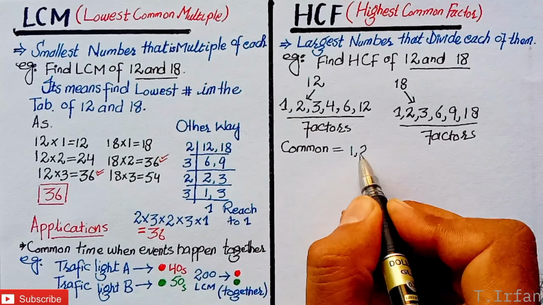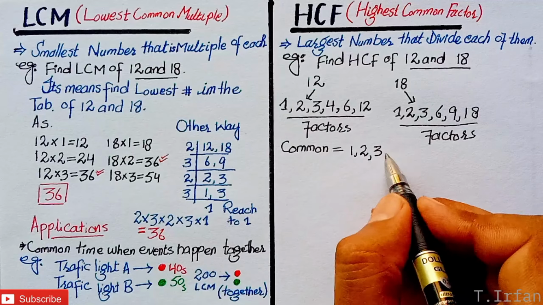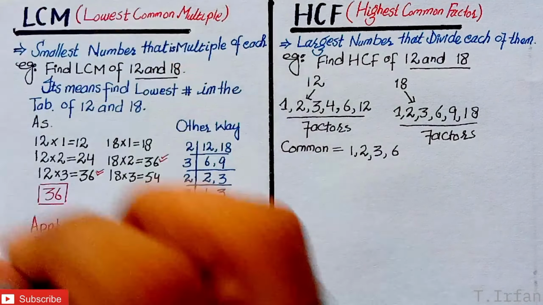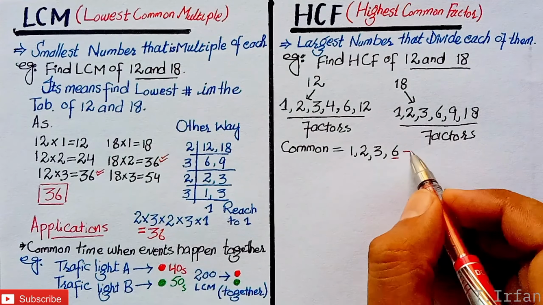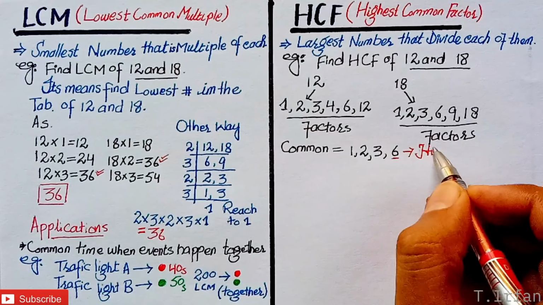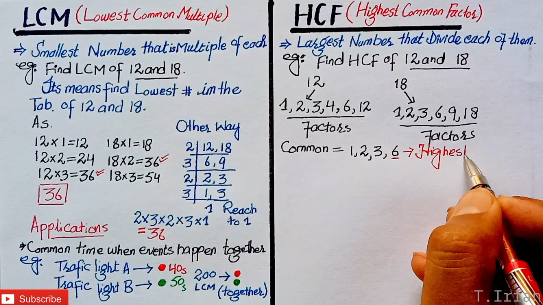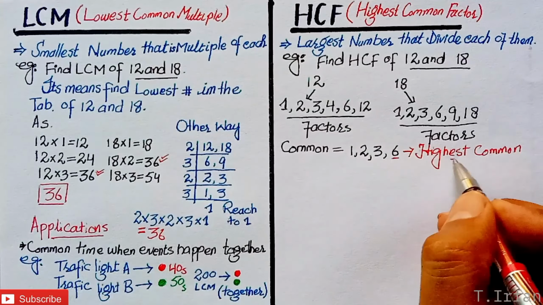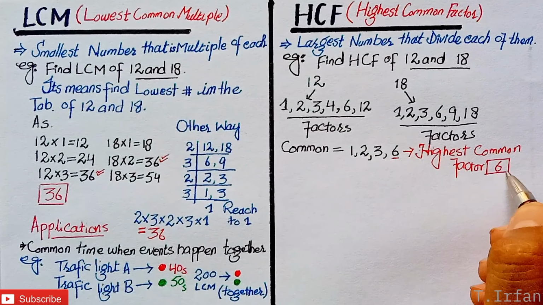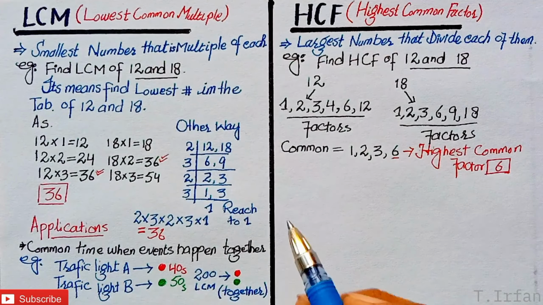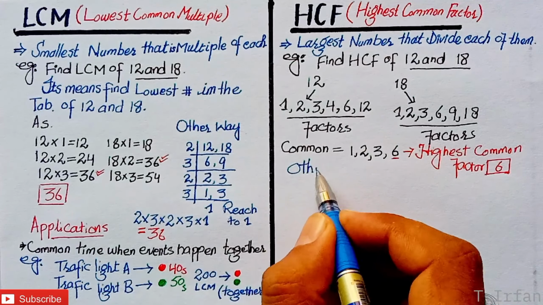Now in these factors, 1, 2, 3 and 6 are the common factors. Here 6 is the highest common number. So this is the HCF, highest common factor. And there is another way through which we can also find out the HCF.